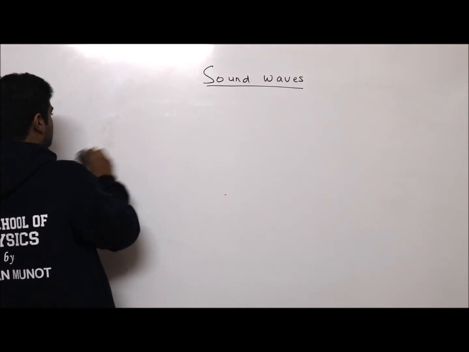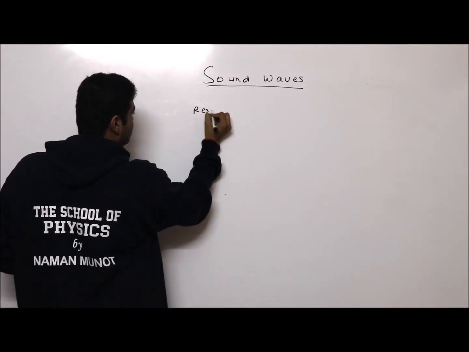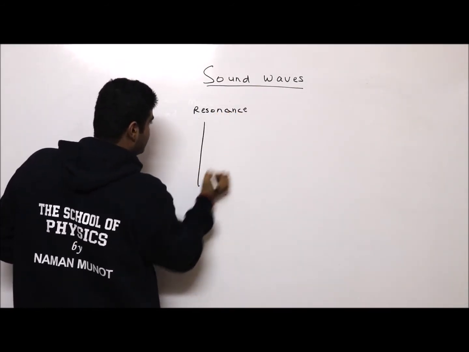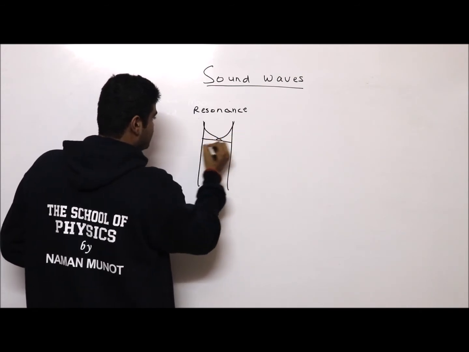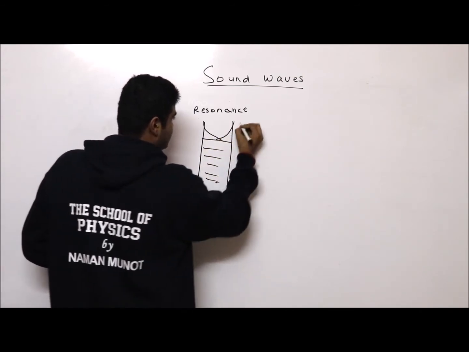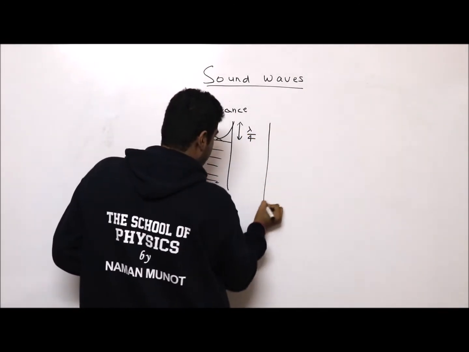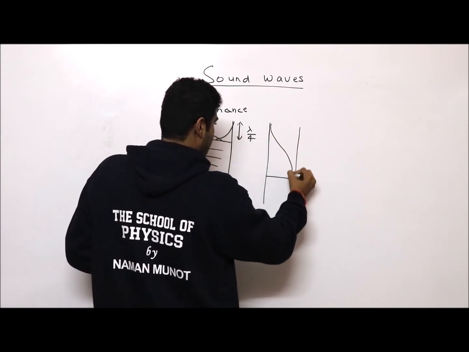So in case of resonance, the first resonance happens at this point, which is at lambda by 4. The second resonance happens at a distance of, say, this.